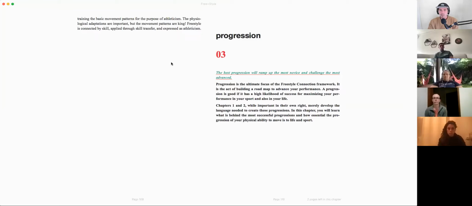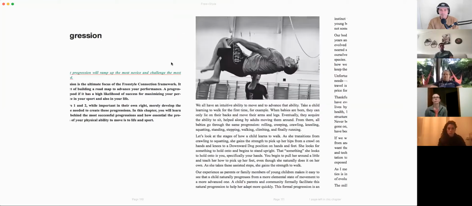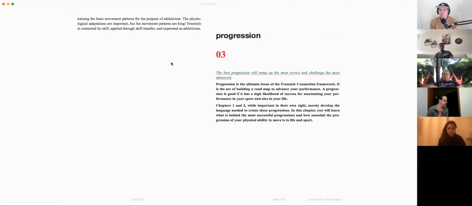Now, getting into this week's chapter, what we're talking about is, if you remember where we finished, progressions. Now, in these progressions, one of the things that we want to make sure that we do is that we realize that a progression is really here to get us where we want to go.